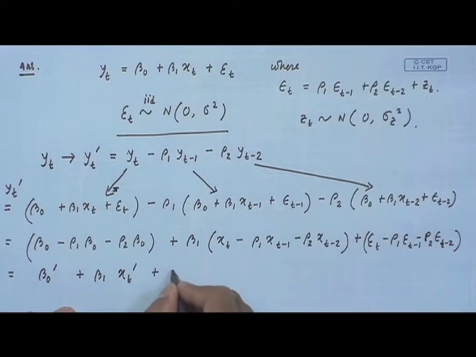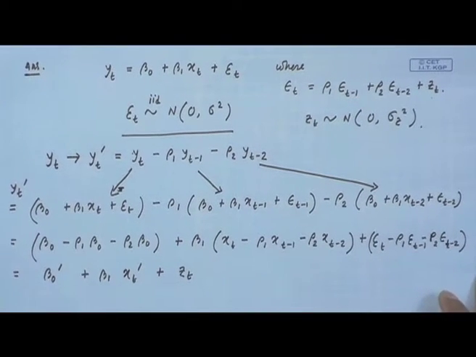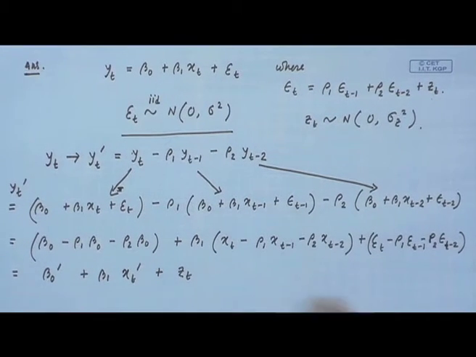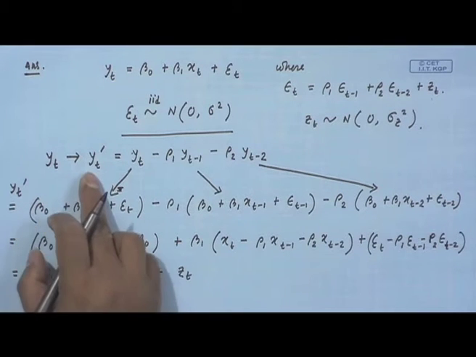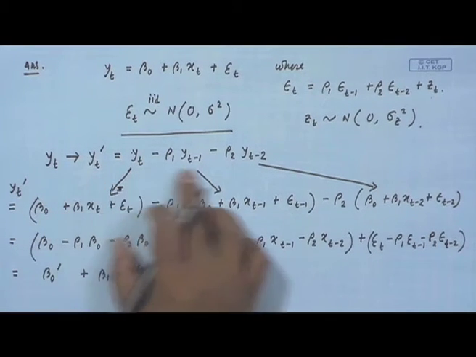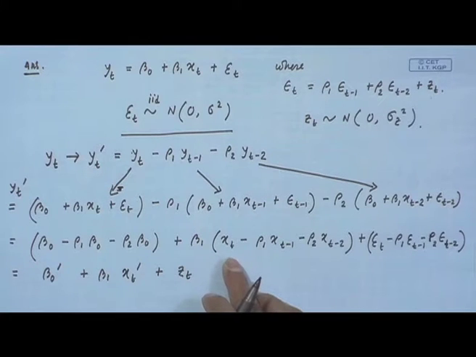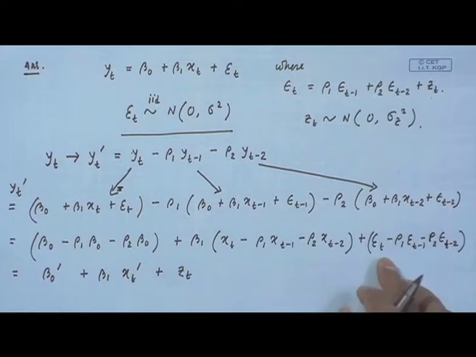plus z t. So, now in this transformed model, we have transformed y t to y t prime, where y t prime is given here. Similarly, we have transformed x t to x t prime, and as a consequence the error term has been transformed to z t.